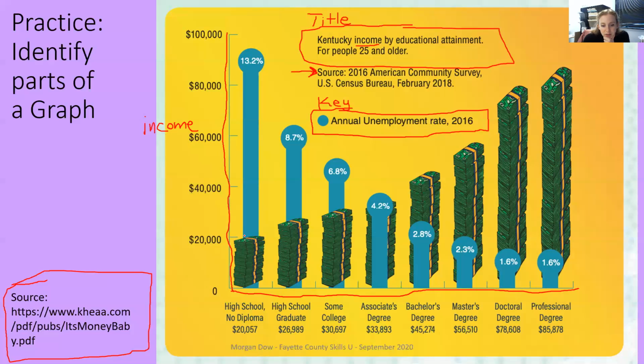So these stacks of money are showing us the income for each education level. And then just so that we get the exact numbers, they've actually included the exact numbers down at the bottom here. So again, it all just kind of comes down to you making choices about how you want your information displayed.